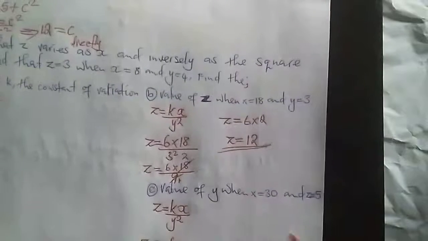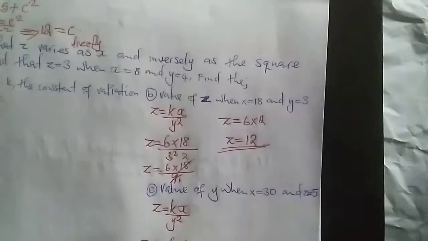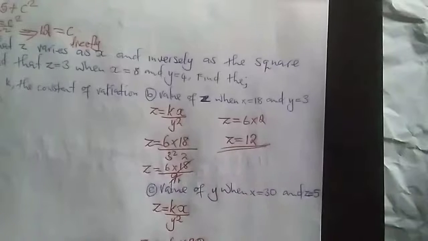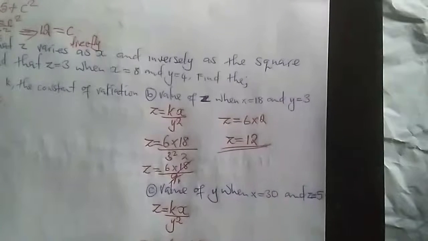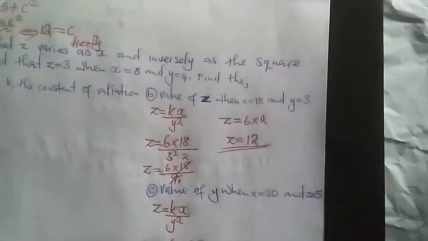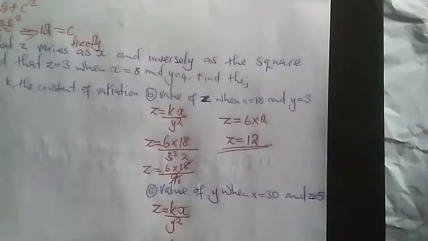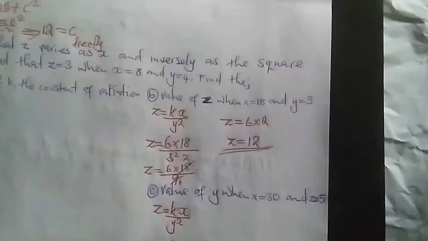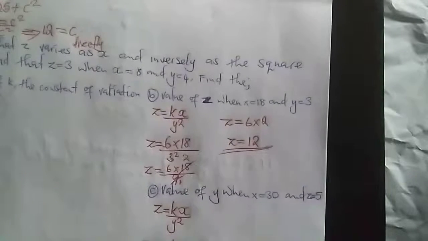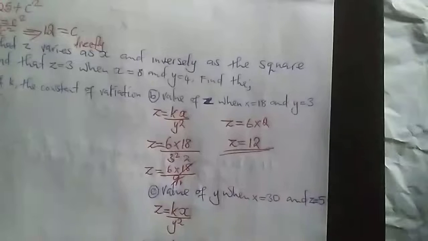Then x we are told is 30, so we say times 30 over y squared. Now at this time we can cross multiply, where we say this by that. We're going to have 5y squared is equal to, this will give us 180.